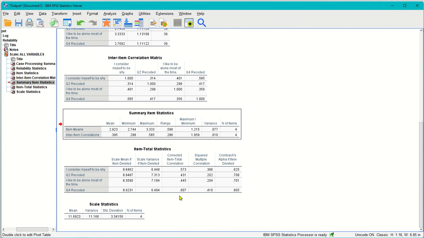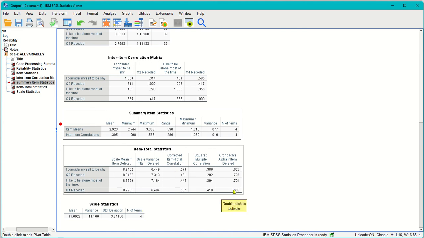So in the first box, we see that each question is compared to all of the other questions all at once. In other words, it takes question 1 and compares that score to all of the other 3 questions combined to see what the relationship is to them, right? So it's the corrected item total correlation.